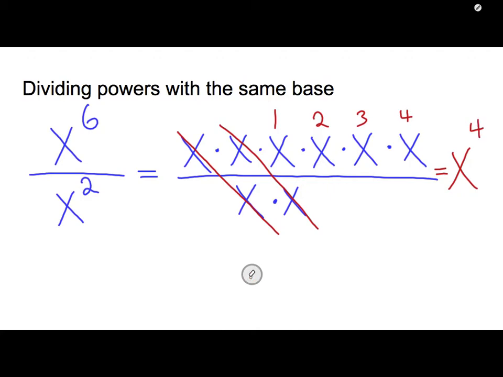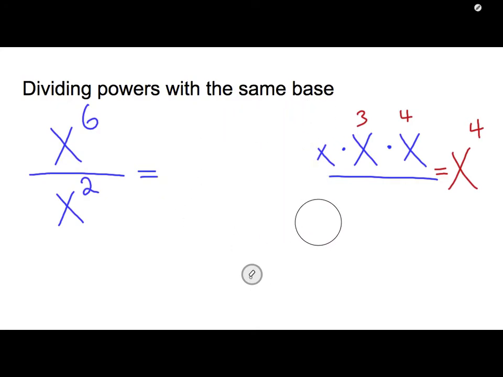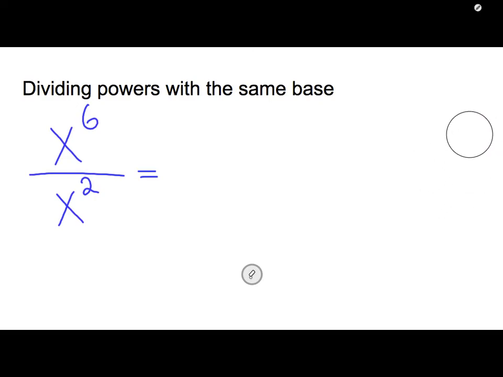All right, so now we know the long way. And if you think back to when we were multiplying with the same base, you might have already figured out how this is going to go. When I multiplied with the same base, I added my exponents. When I divide with the same base, I'm just going to subtract.